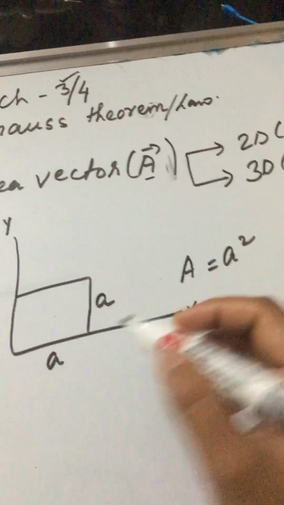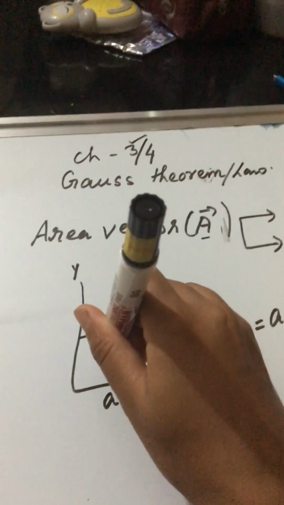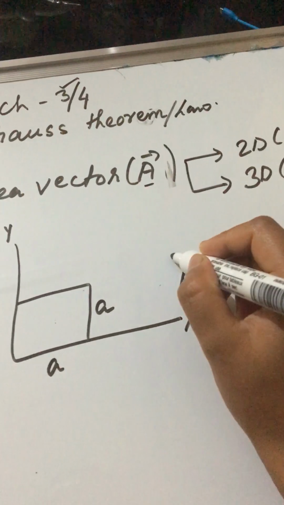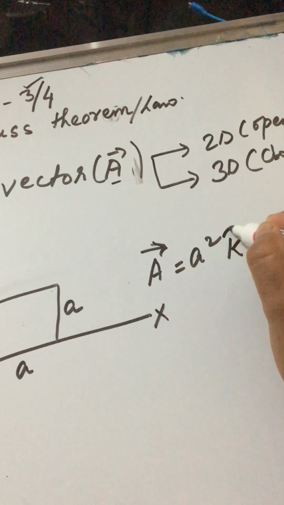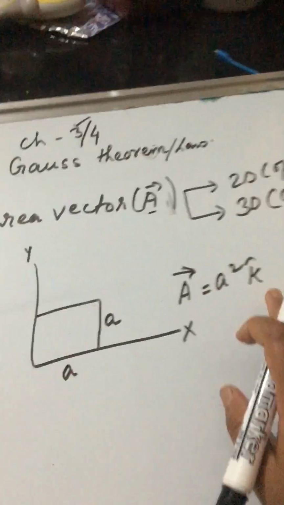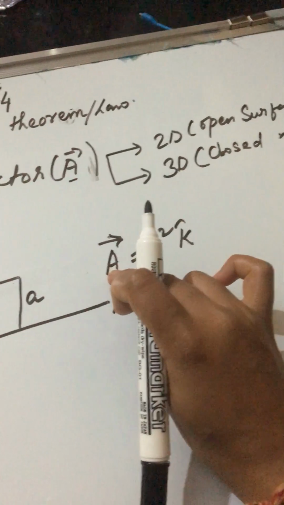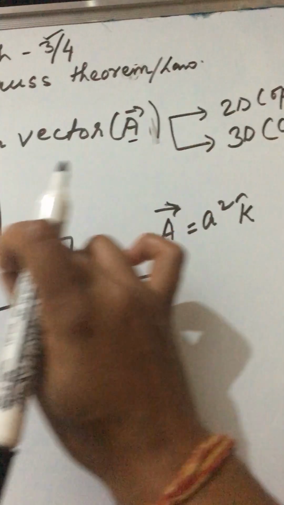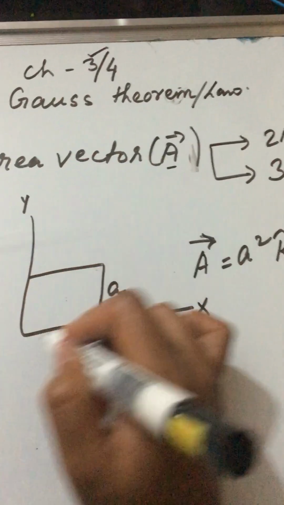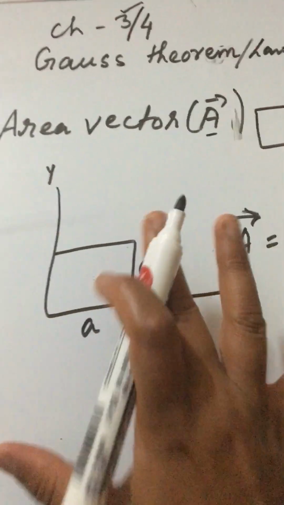The z-axis we denote as the unit vector k. So if I write the area vector, it will be k cap. It can be minus k cap also, it can be k cap also, don't bother about that. So what is the direction of the area vector? The area vector is perpendicular to the plane in which it is lying.